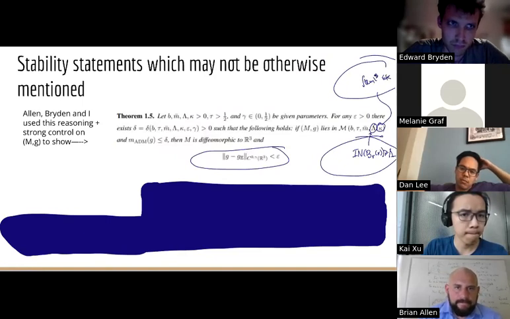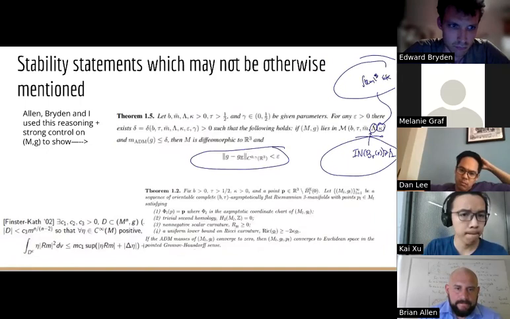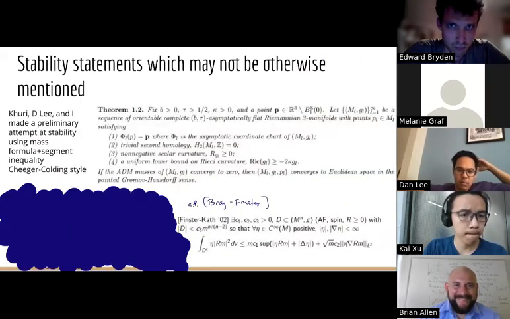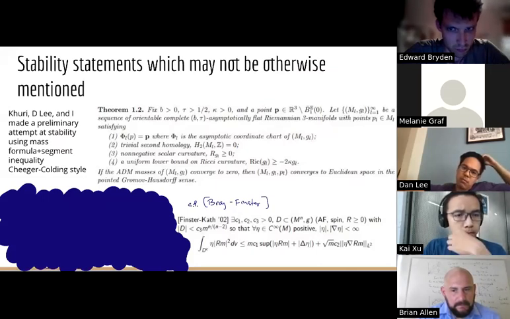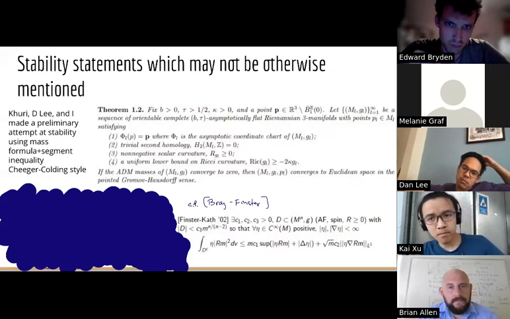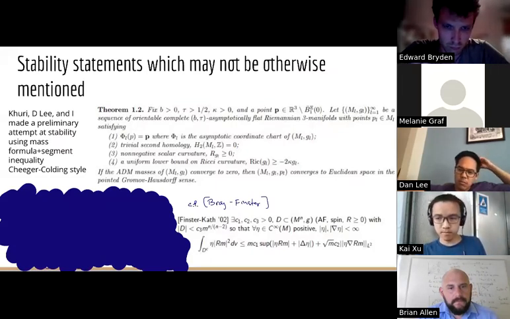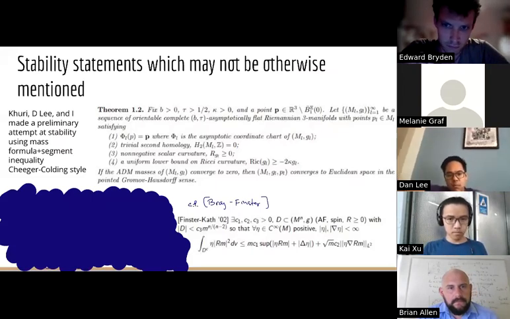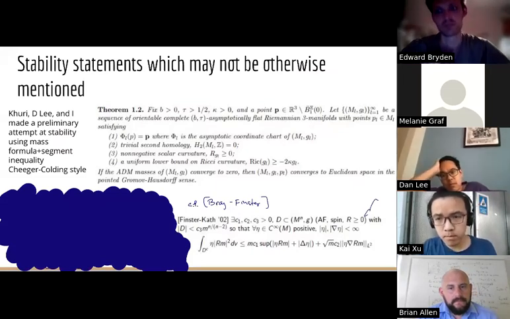The other thing I wanted to mention: Marcus Khuri, Dan Lee, and I also did a version using a Cheeger-Colding style of argumentation, assuming a lower bound on Ricci curvature and then obtaining pointed Gromov-Hausdorff convergence. And the other one, which Christina already mentioned, is work that Finster was involved in, Bray-Finster or Finster-Kath, where they used the Witten spinor formula.